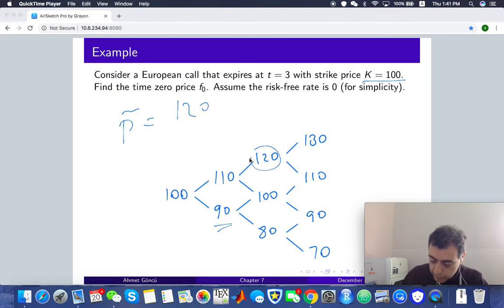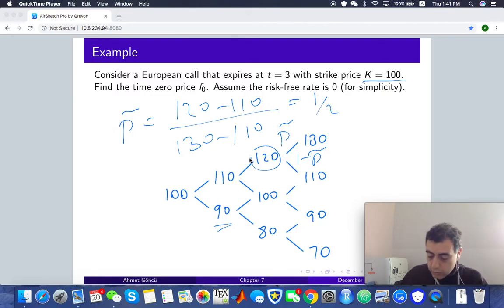For example, for this point, if I calculate the risk neutral probability P tilde and 1 minus P tilde here, that's going to be 120 minus 110 divided by 120 minus 30 minus 110, which is 1/2. So actually for this tree that we created, all the risk neutral probabilities are equal to 1/2.